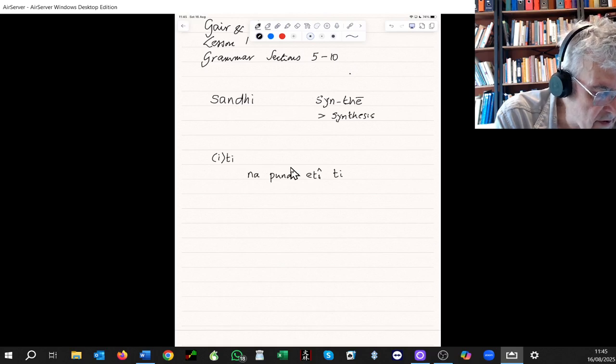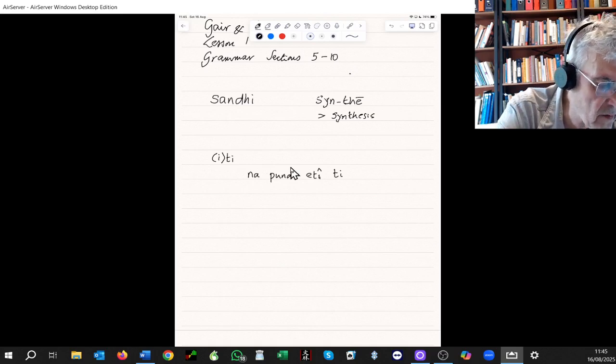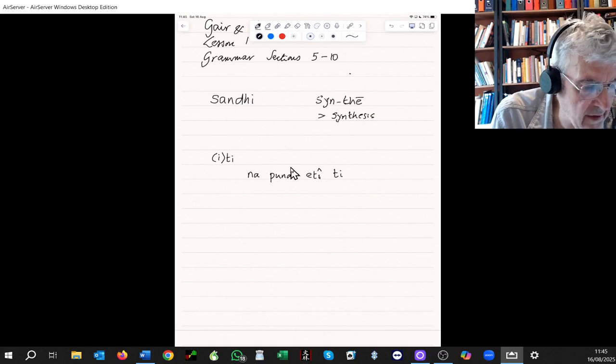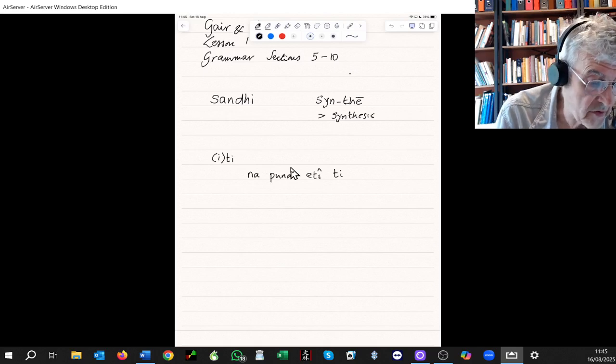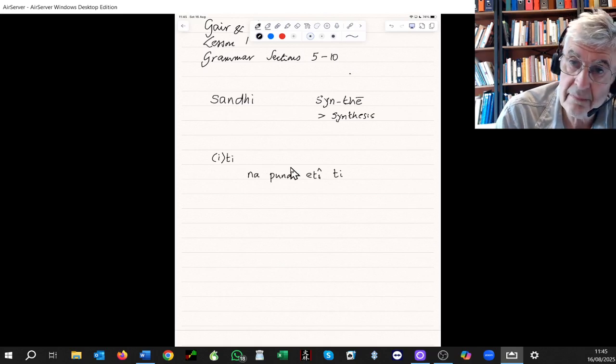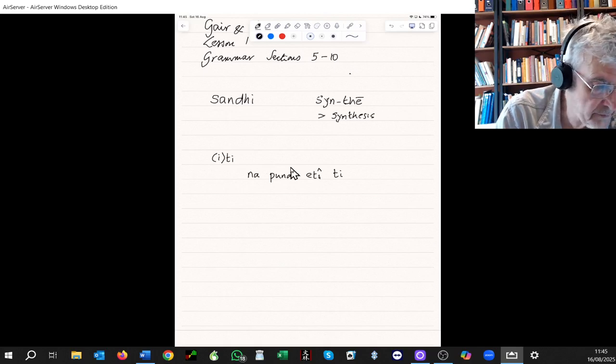Going back to the first sentence under 5.2, when two similar vowels come together, the result may be a long vowel rather than the loss of the first. We've seen na ati under 5.1 becoming nati, whereas na aham becomes naham with a long ah. I'll explain that in a moment.